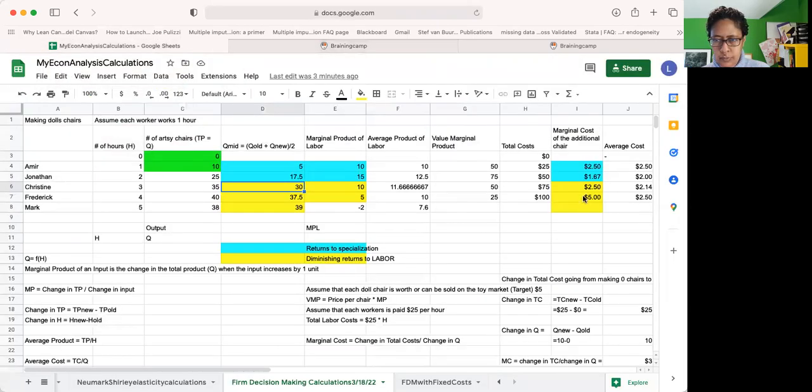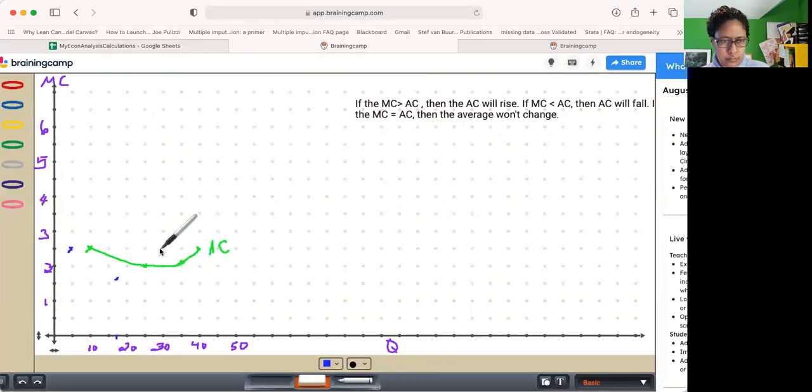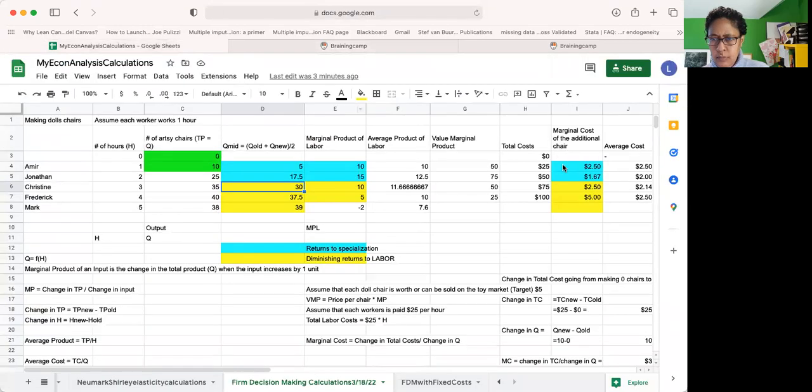There we go. 2.50 to our midpoint of 30. Let's go back. So our last is $5 and our midpoint is 37.5.